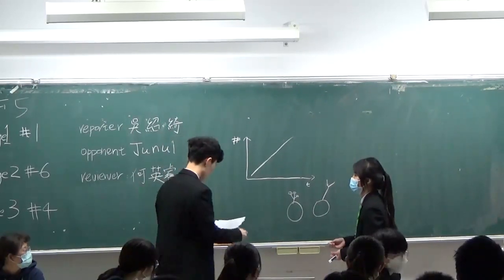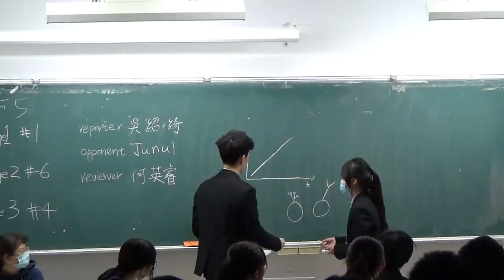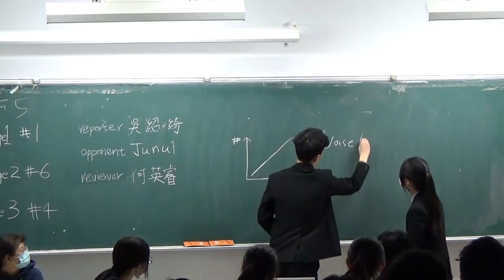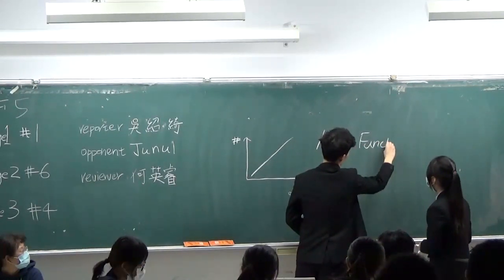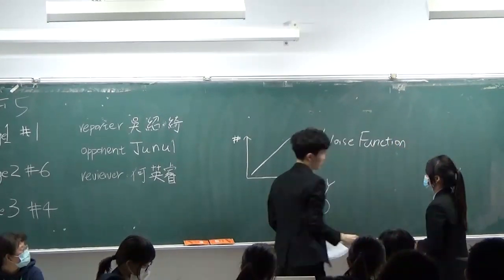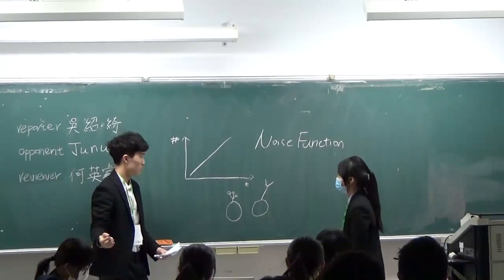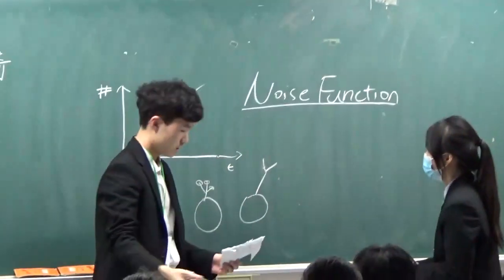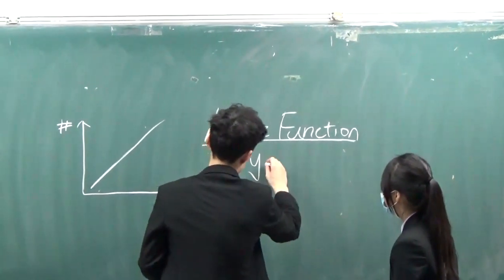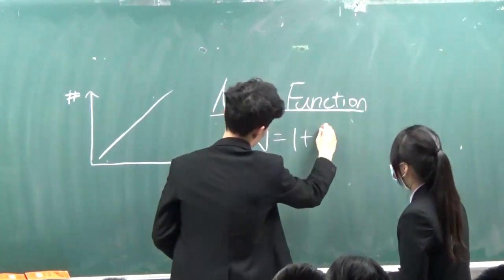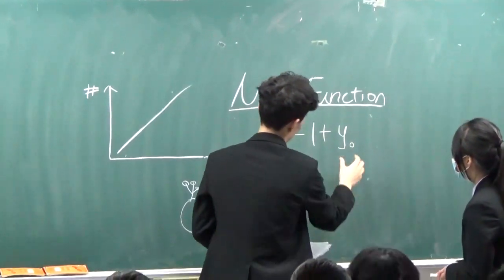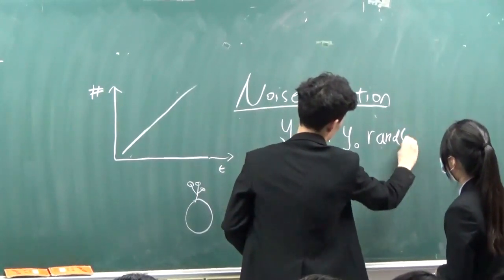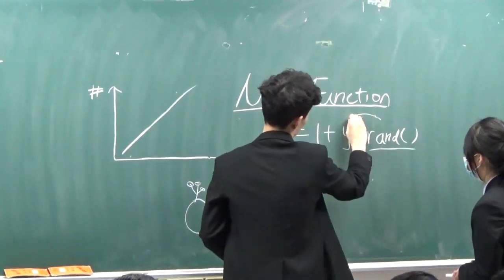So I would say what you can do here is you can use a noise function, because you agree that the number of fingers or the geometry can be random at any moment, right? Yeah. So you would have to make a function in a computer program that suggests that your number of fingers is going to depend on the amplitude and then some random number multiplied by the amplitude.